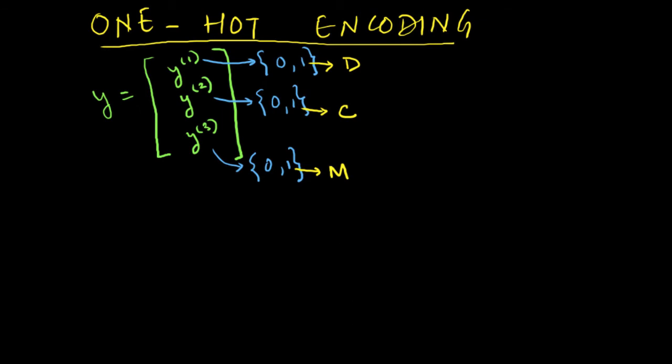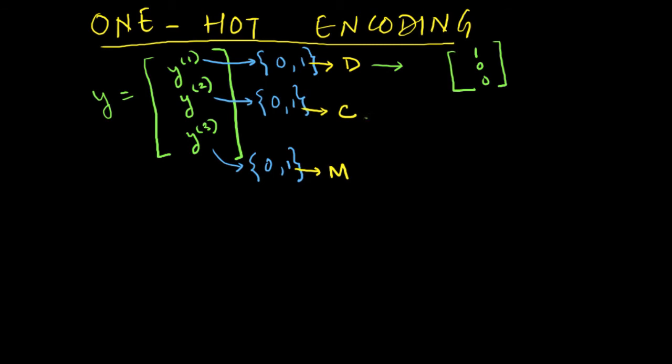So for the output values of our given data set, only one of these will be 1 at a given time. So let's say our given output for a particular input is representing a dog, then the vector y will be 1 0 0.